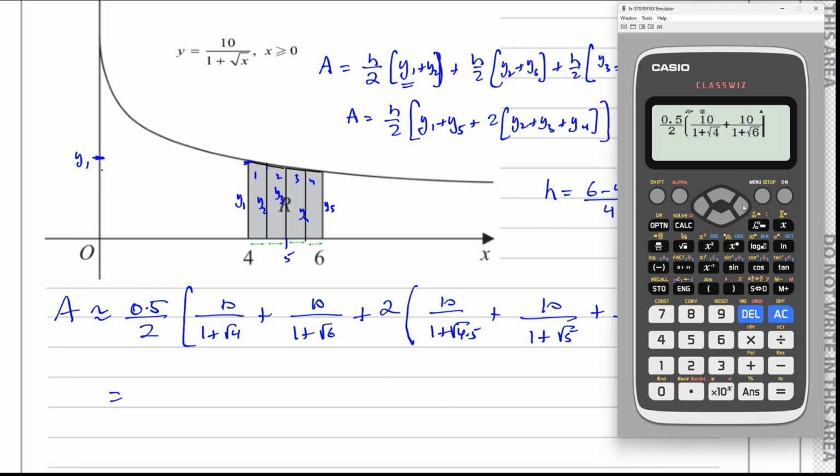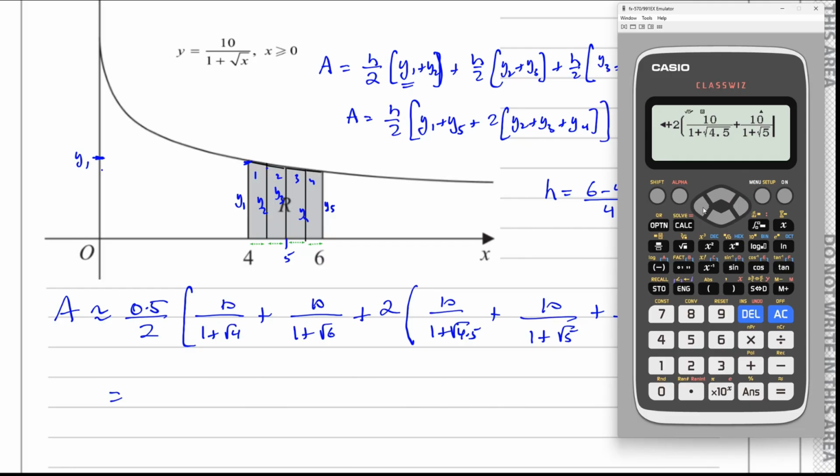And the rest of them are going to be plus twice. I have 10 over 1 plus the square root of 4.5. And then plus 10 over 1 plus the square root of 5.